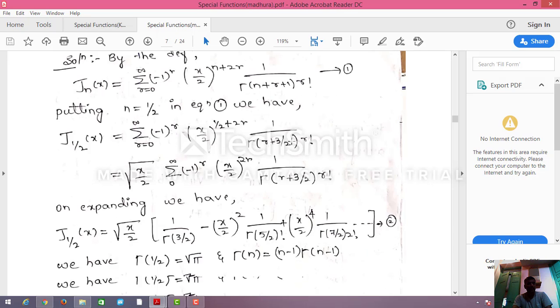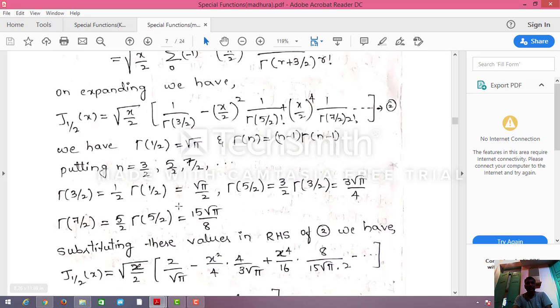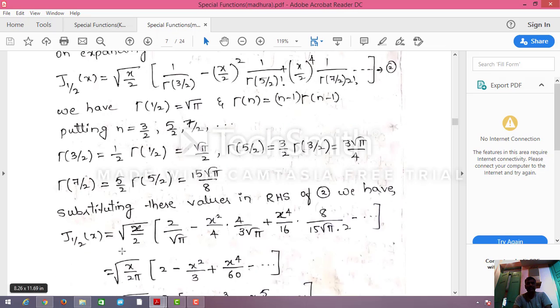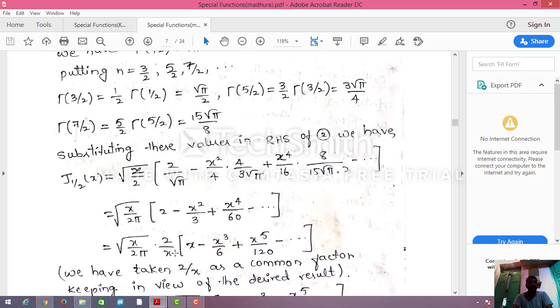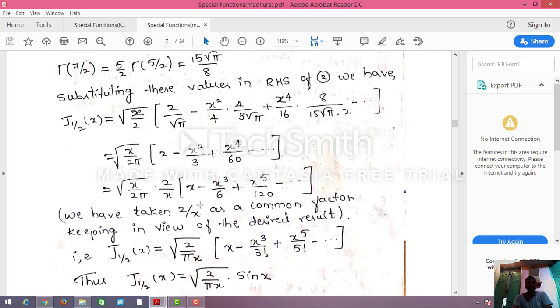To get that sin x format, we have to get square root of 2 by pi x. If you take 2 by x outside, you will get that format. This is the general format of sin x, and to bring it to that format, we took 2 by x outside.